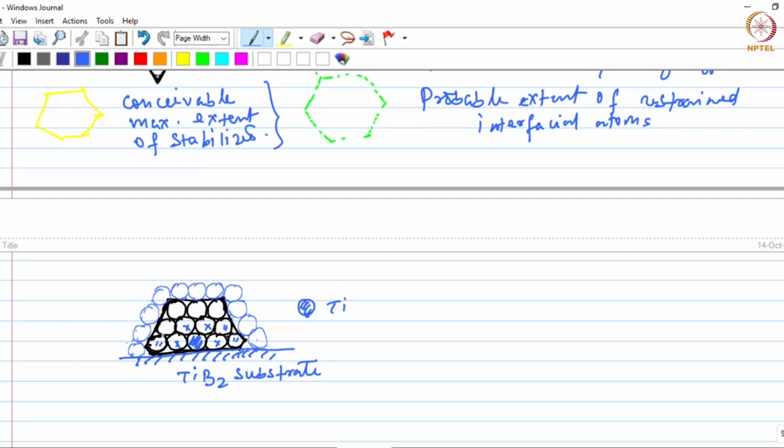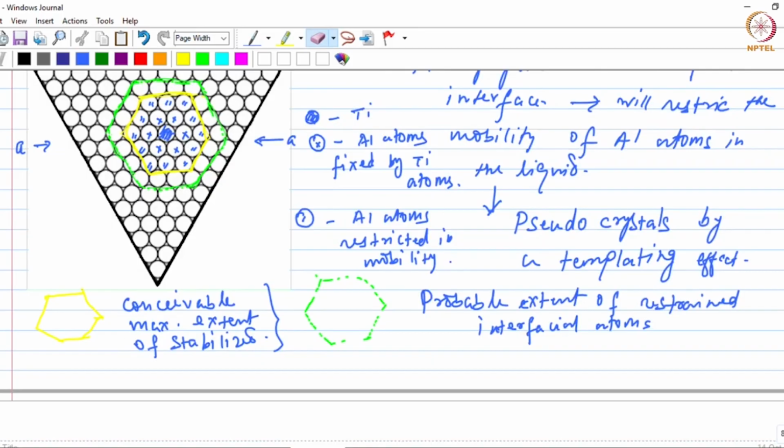We will follow the similar notation as before. This will be aluminium atoms, probably restricted in mobility, that is in the outer layer, okay, with a single dash that you see.